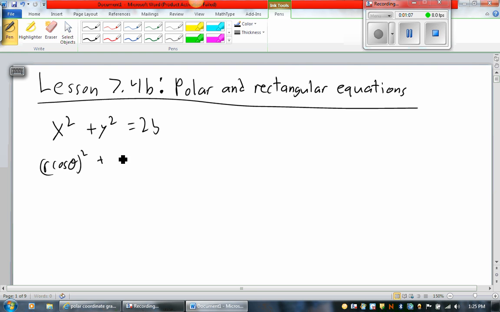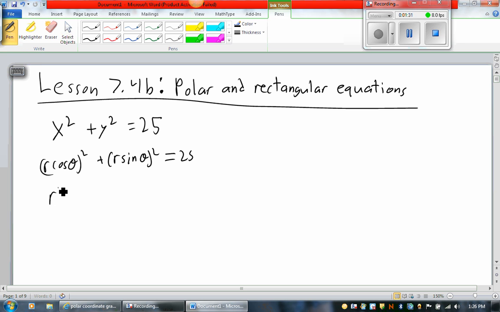And y was r times the sine of theta, so we're going to square that, and that equals 25. This is essentially how you're going to be changing these from rectangular to polar. Just say what they equal, and then simplify it a little bit.